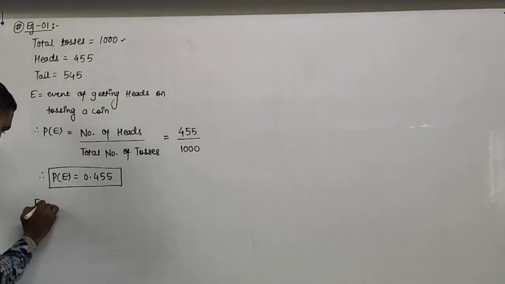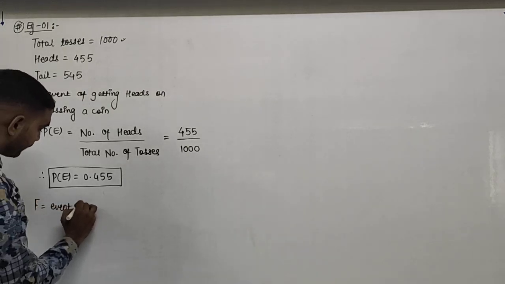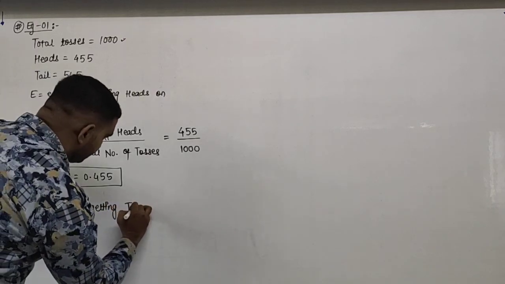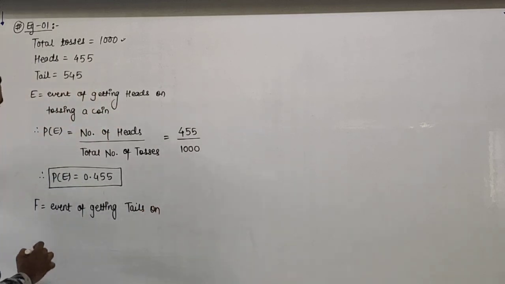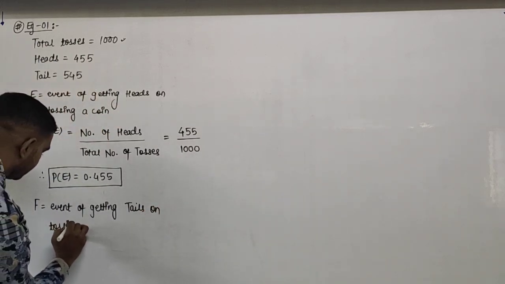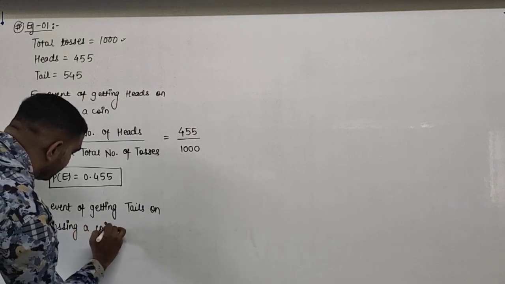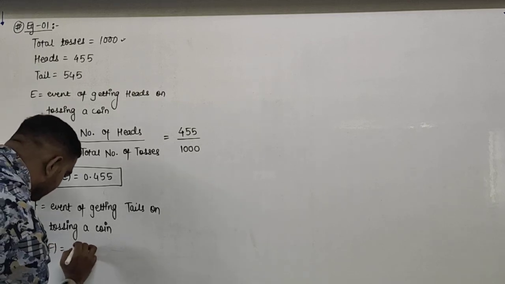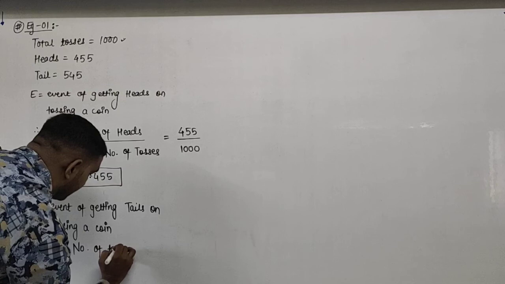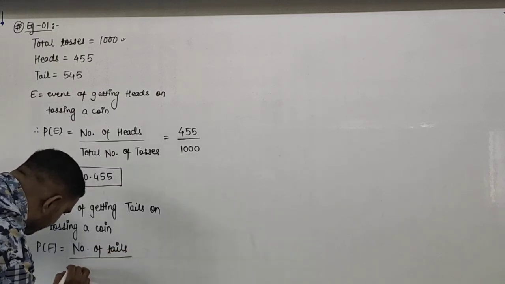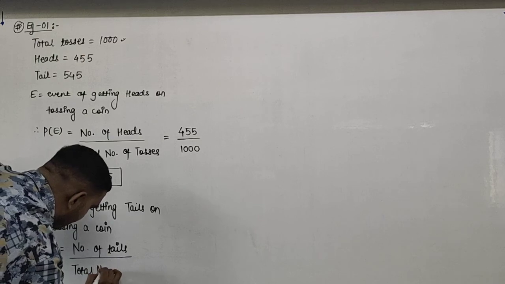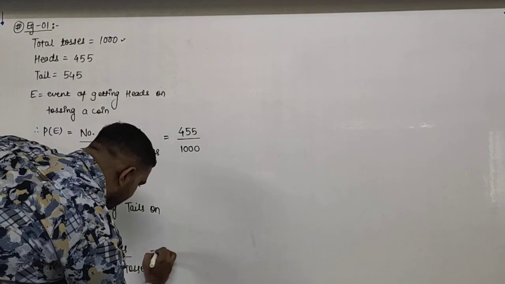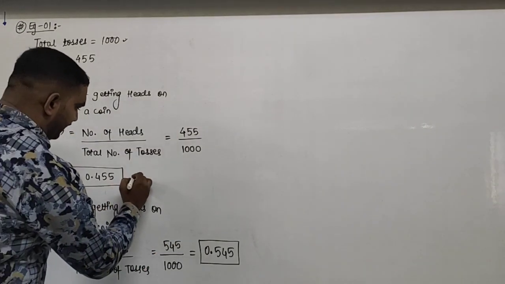Similarly, we can calculate for event F, the event of getting tails on tossing a coin, right? So the probability of event F is the number of tails divided by the total number of tosses.